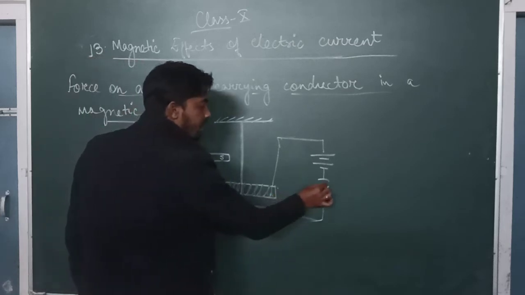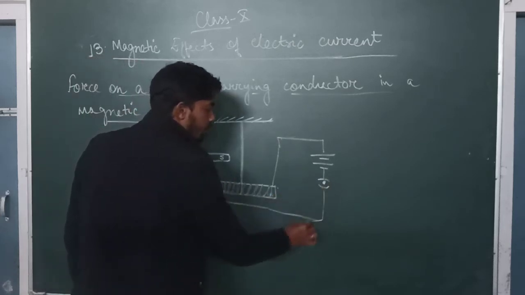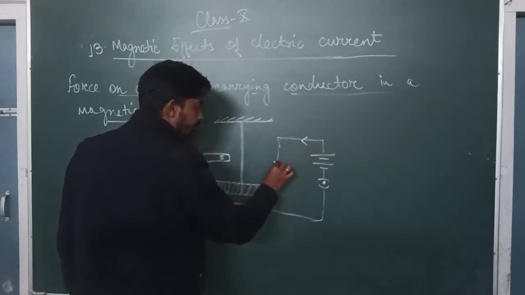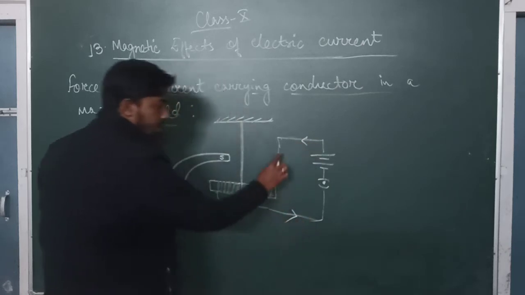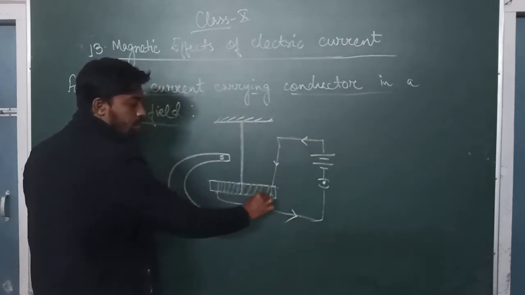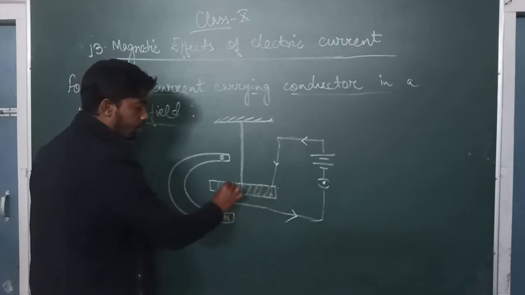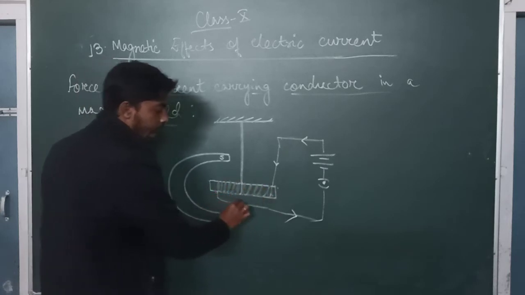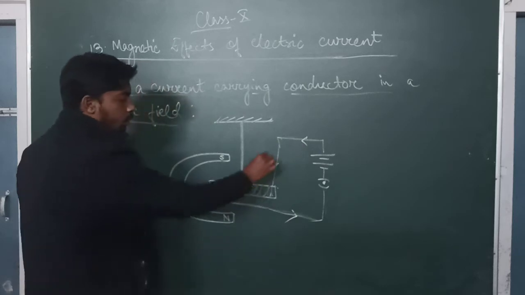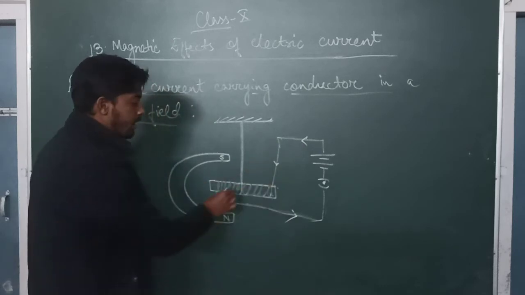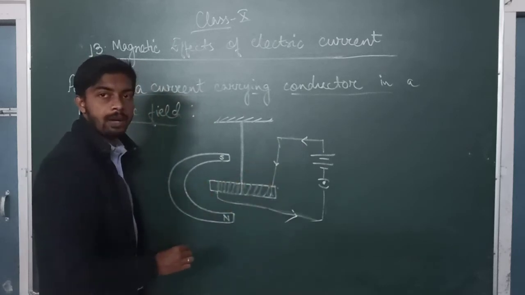Now, when the circuit is turned on, meaning when current is passed through the circuit, the current will go through the windings of the conductor and go back to the circuit. So when the current flows through the conductor, this conductor will act like a magnet.